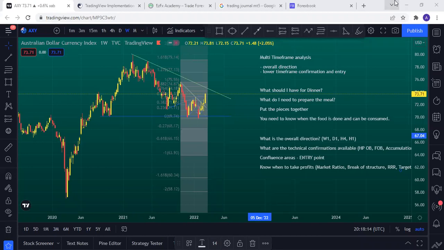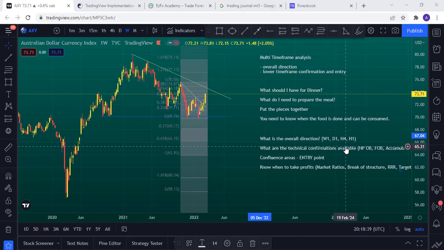All of these things are what we're going to look into next. We're going to formulate our own recipe book for market analysis, for technical analysis, which is where we talked about knowing the technical confirmations that are available.